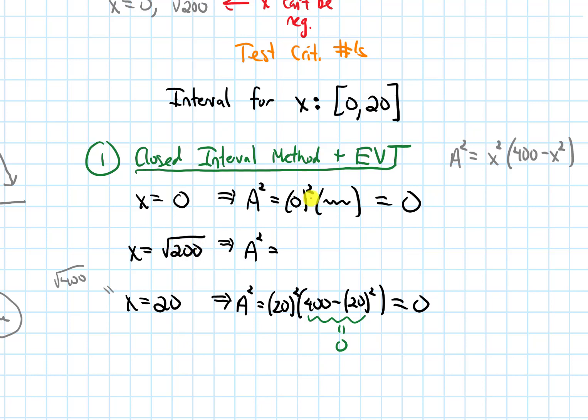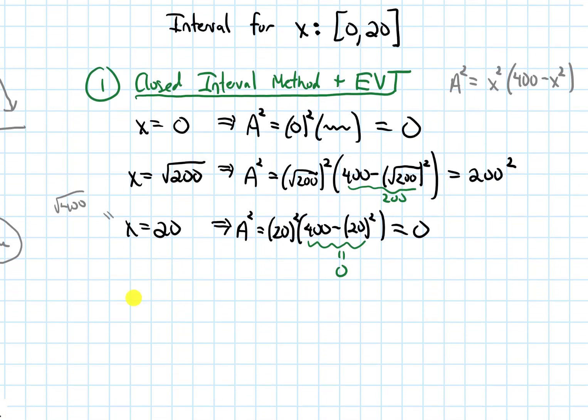Okay, if I plug in square root of 200, we'll get root 200 squared times 400 minus root 200 squared. If we work this out, the first root 200 being squared is 200. And then this whole thing in parentheses ends up being 200 also. So we'll get 200 times 200, which is 200 squared.